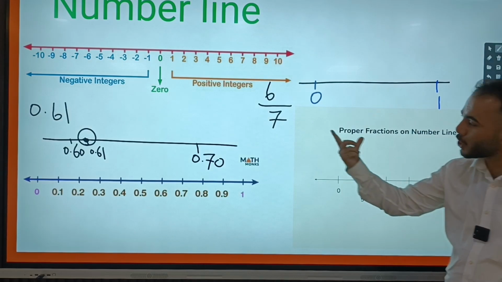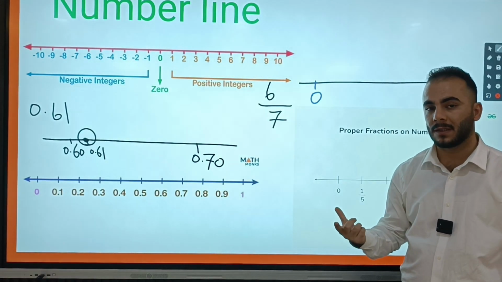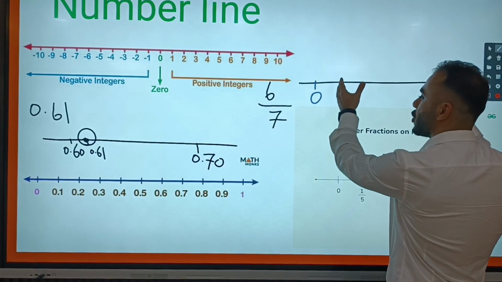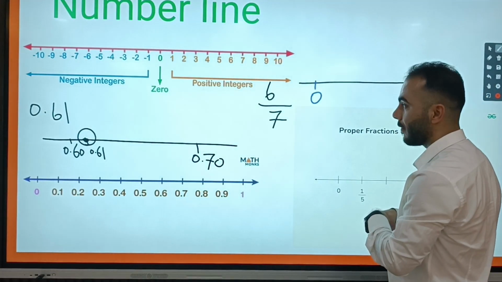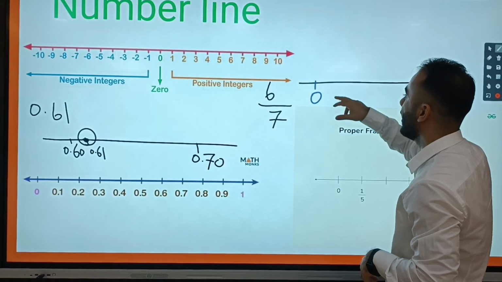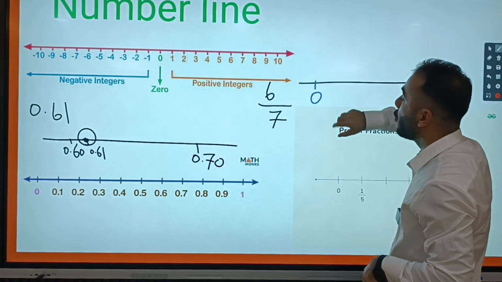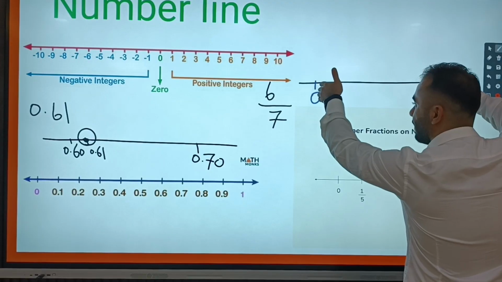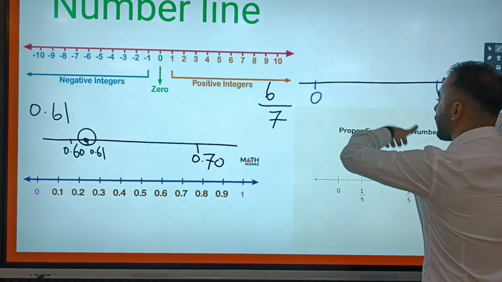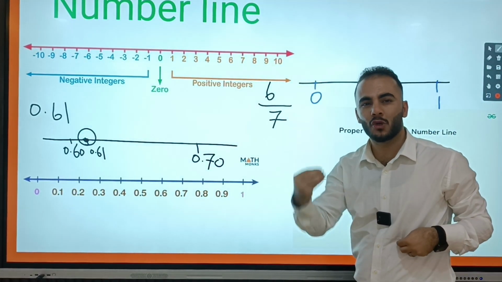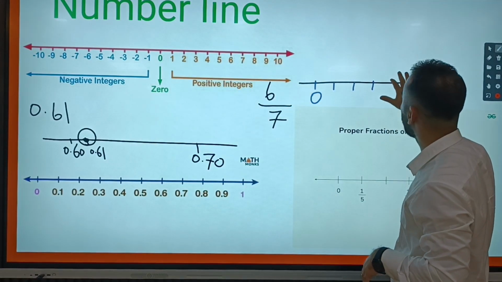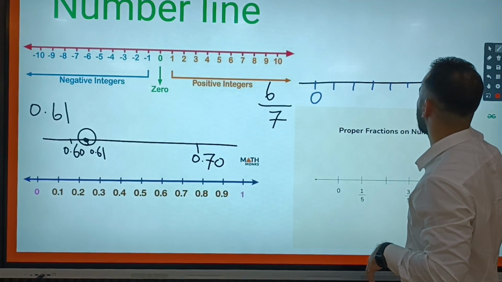Based on the denominator, we will decide how many parts we should divide this interval into. Here, since it's 7, we have to divide the distance between 0 and 1 into 7 equal parts. Let's say here 1, 2, 3, 4, 5, 6, and 7.